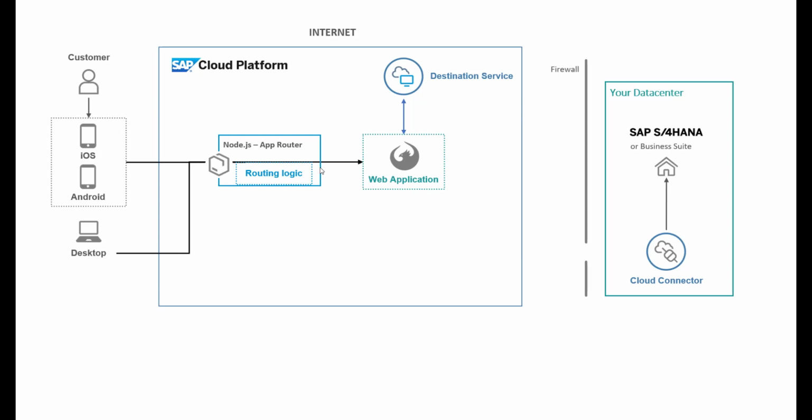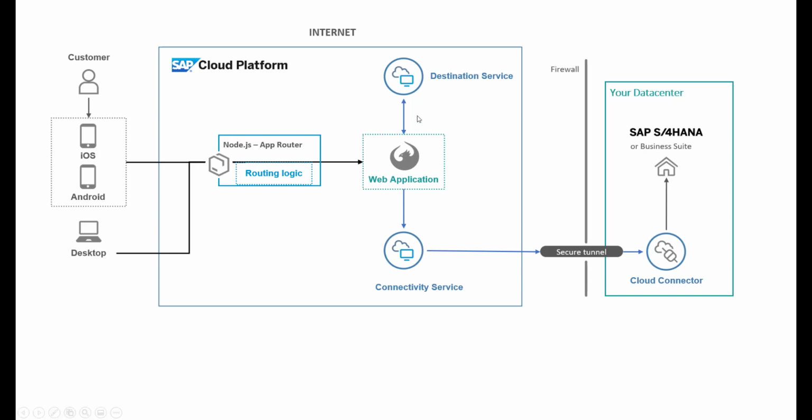And then it passes all that information to this connectivity service, and this connectivity service has the ability to make a connection to the cloud connector, so it can get the data on behalf of the web application from the cloud connector, essentially acting as a proxy to get the data and then passing it on to the web application. So that's how it works.